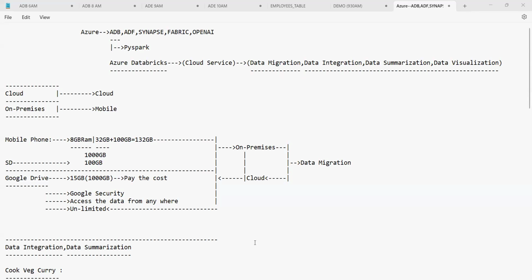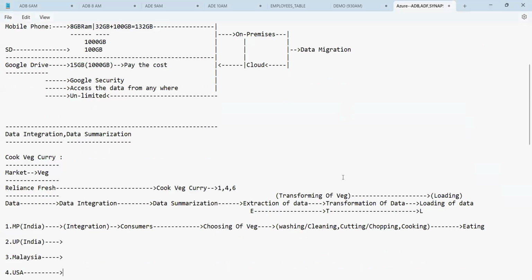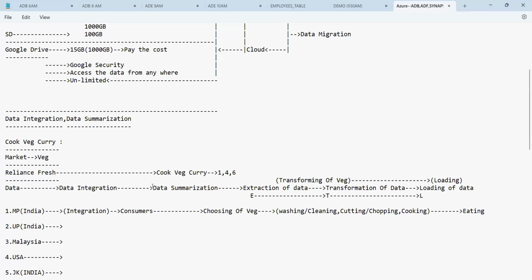See, basically, ADF is not needed. Without ADF also, you can do it. ADF is only in the real-time implementation part. Some companies use ADF just for data integration or accessing of data, and the whole actual process of data summarization, visualization, and all this, they do on PySpark using ADB.